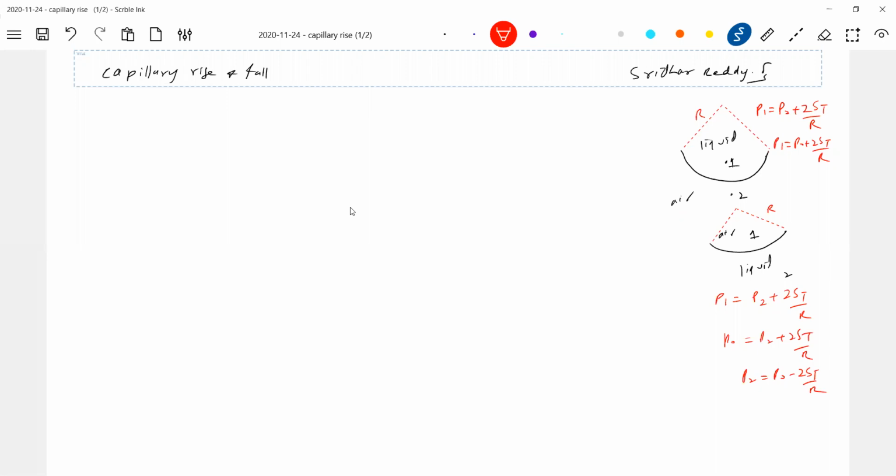Able to understand? So we are not talking about inside the liquid or outside the liquid. Everything will be liquid.